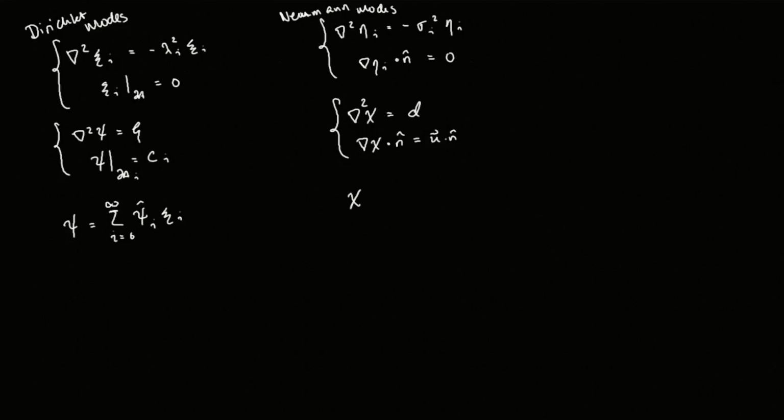The chi's we can write as the sum, I equals 0 to infinity, of chi hat I eta I. And the spatial structure for the divergent part comes from the eta functions.